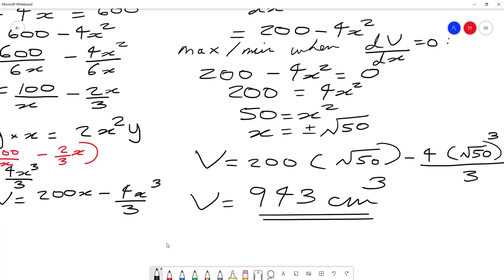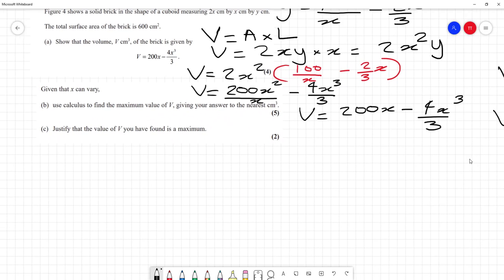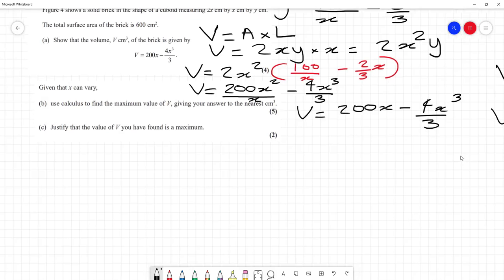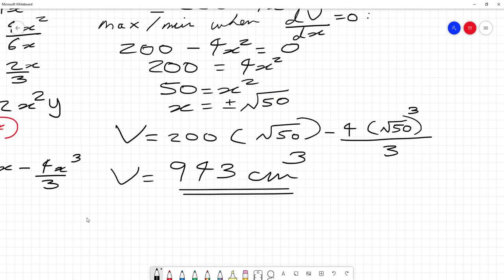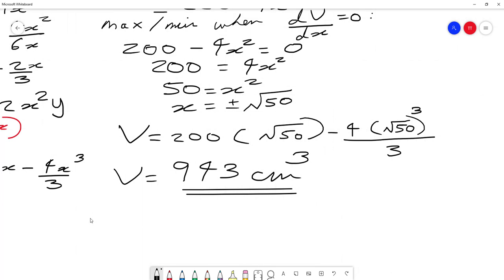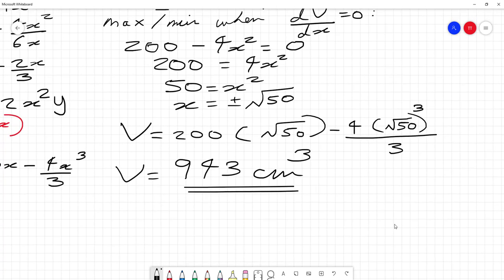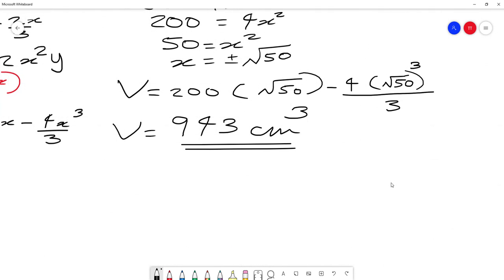Now, if we go back to the question, it says justify that the value of V you have found is a maximum. So remember how we do this. We've got to find the second derivative now and substitute this value of x, and what we want to do is get a negative value for the second derivative.